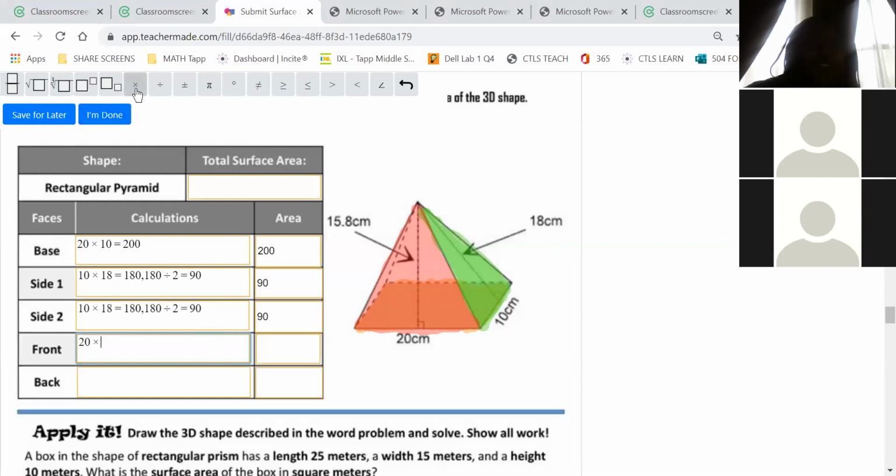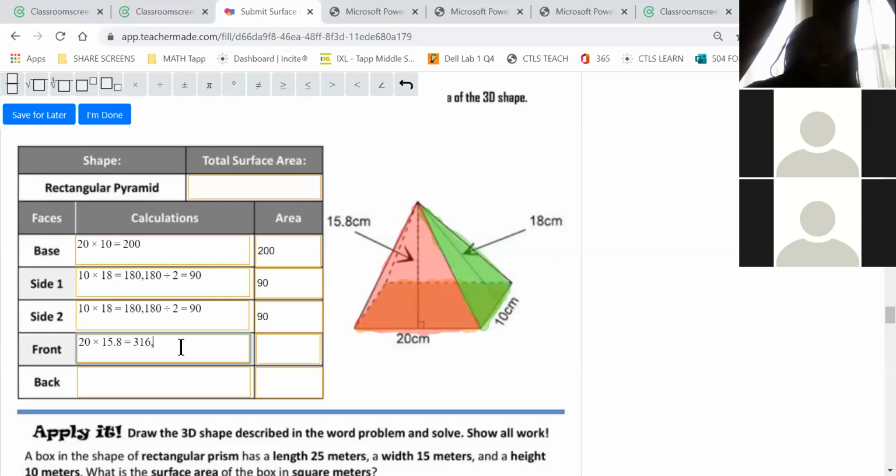And I have to multiply the height, and I see that it's showing me here that the height is 15.8. So 20 times 15.8 is 316.